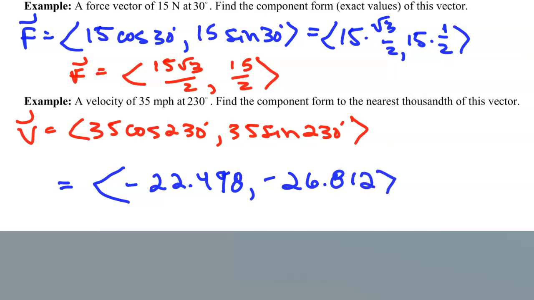Again, you should realize at the end that negative x, negative y is in quadrant 3, and 230 degrees is in quadrant 3. Again, all my notes are posted, and you can follow along with them as long as watching this video. Thank you.